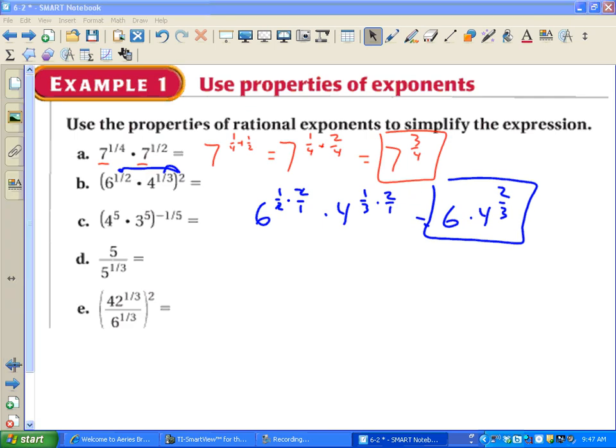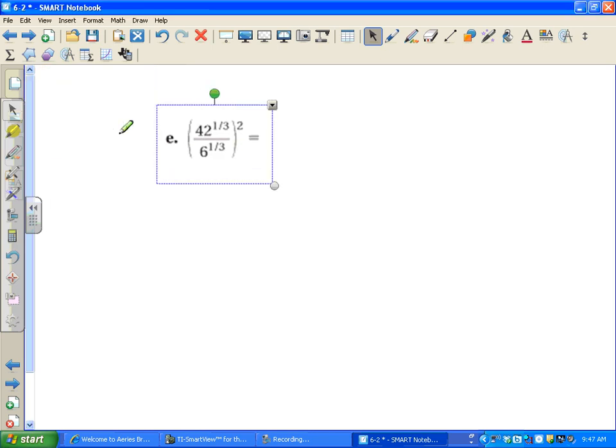Lastly, letter E here. We're going to distribute that 2 into both terms. That's 42 to the 1/3 over 6 to the 1/3, squared. So the first thing I'm going to do is to distribute the 2 both to the numerator and the denominator.